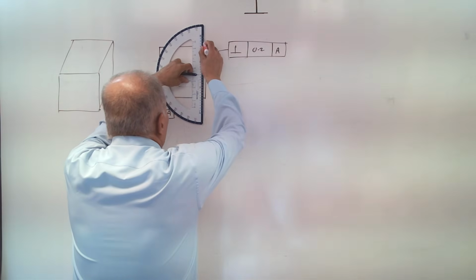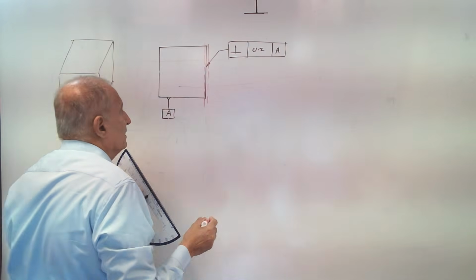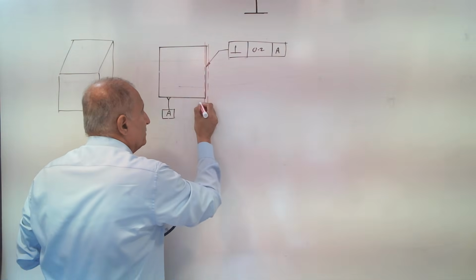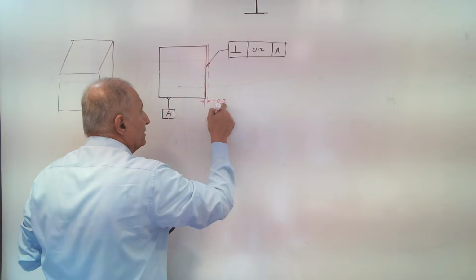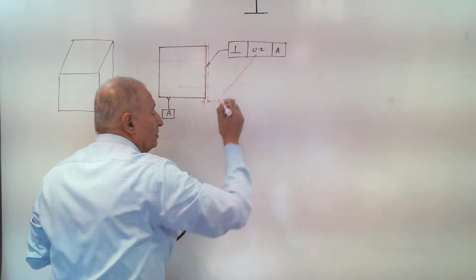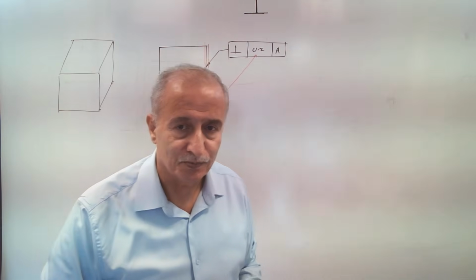The zone is two parallel planes, and the distance between these two parallel planes is equal to the tolerance value, 0.2.